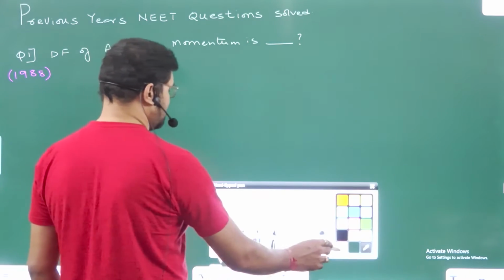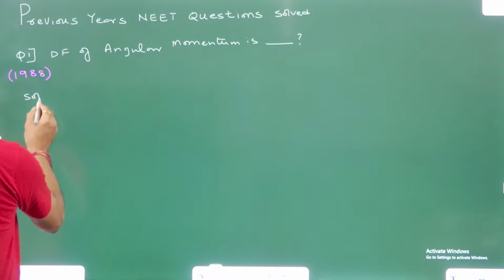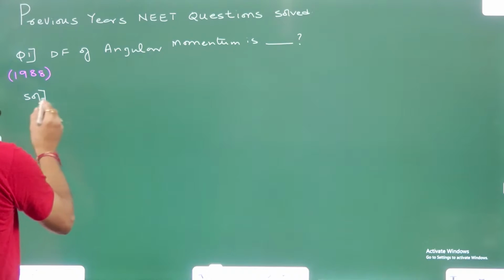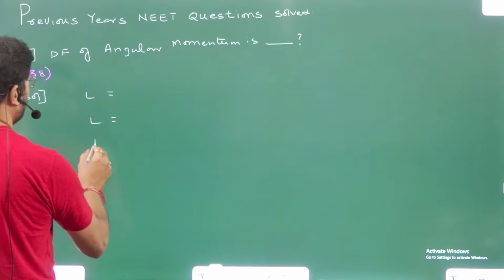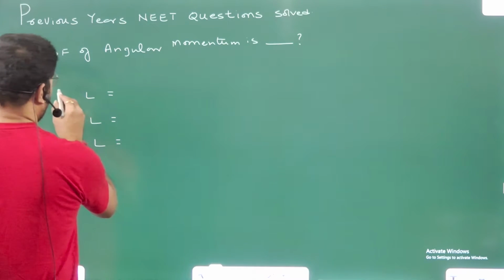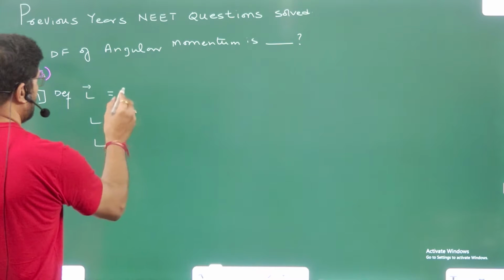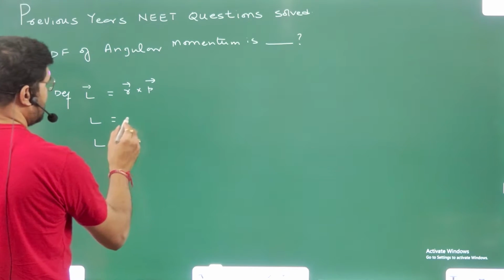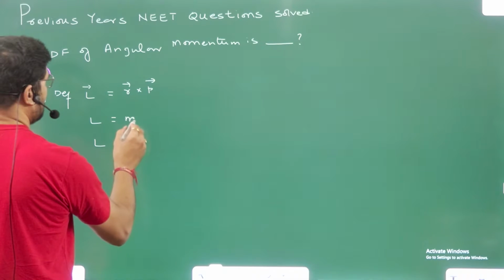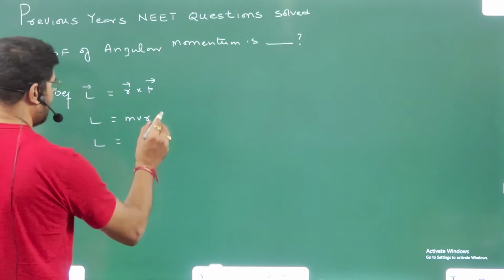In order to get a solution for this, let us first get the basic idea of what are the different formulae for angular momentum. By definition, angular momentum is r bar cross p bar for a point mass orbiting in a circular path of radius r.